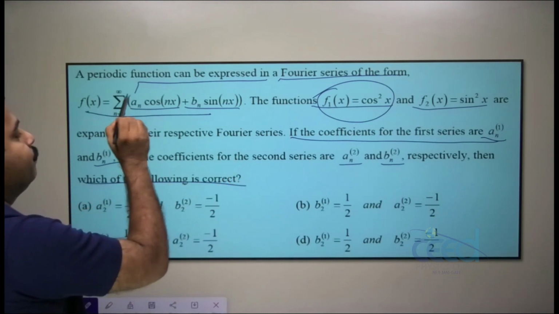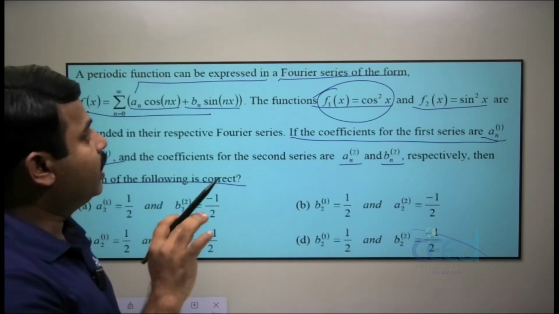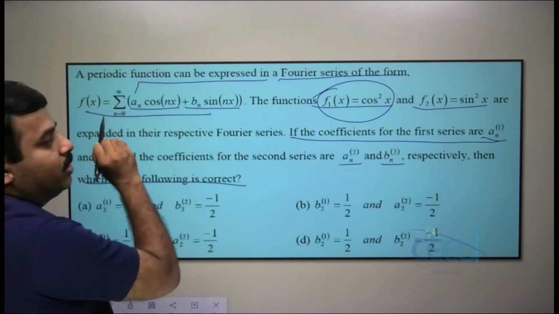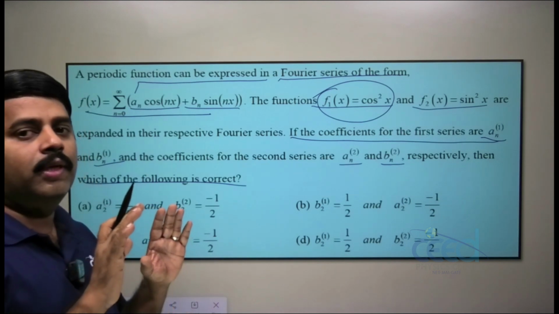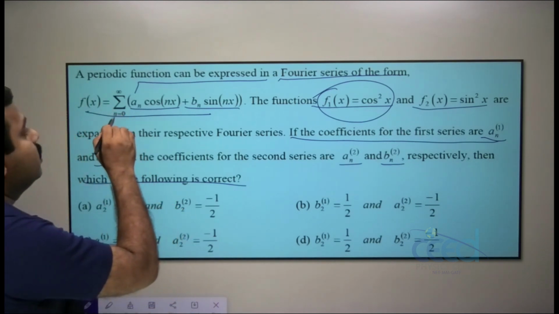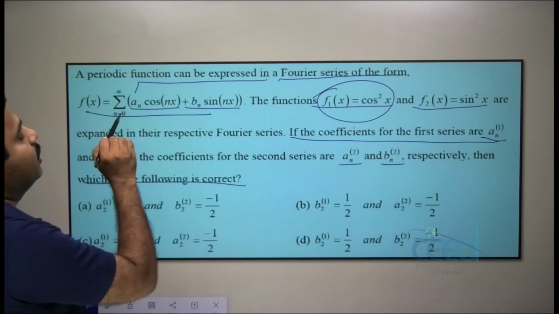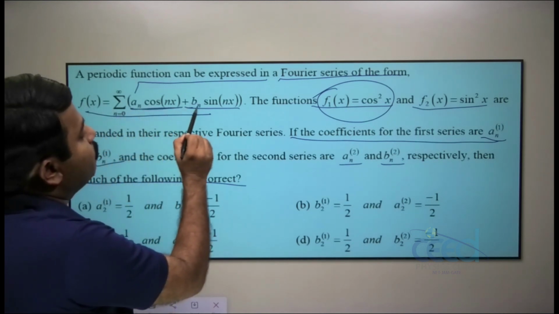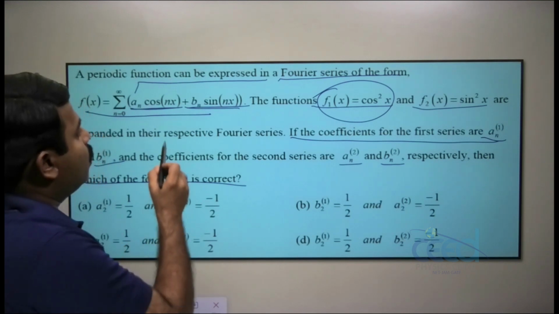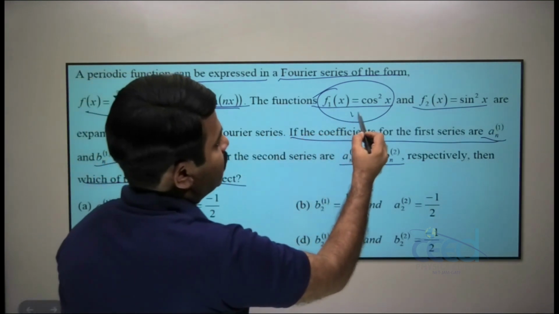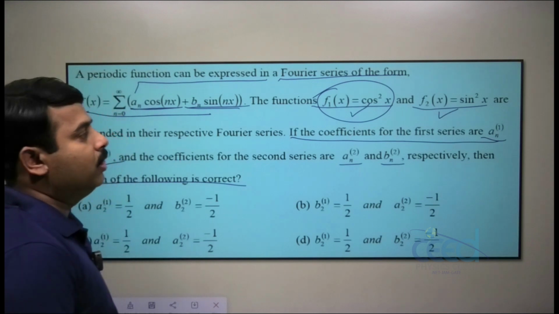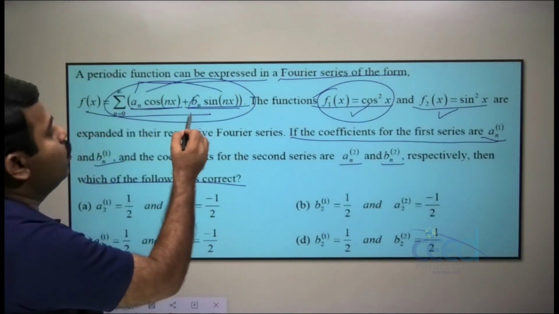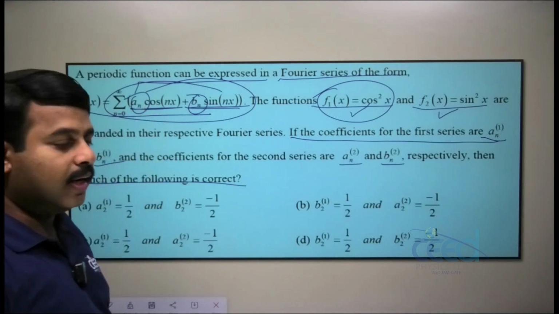Any function we can represent in the format a0 by 2, but here the constant term is missing. Any periodic function we can represent as an cos nx plus bn sin nx, right? So, if I represent this function and this function using this method, then what are the coefficient values? That is all it is asking, right?